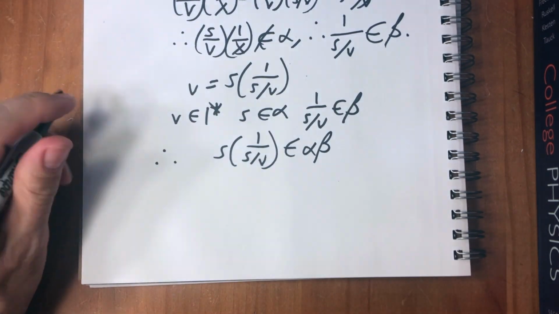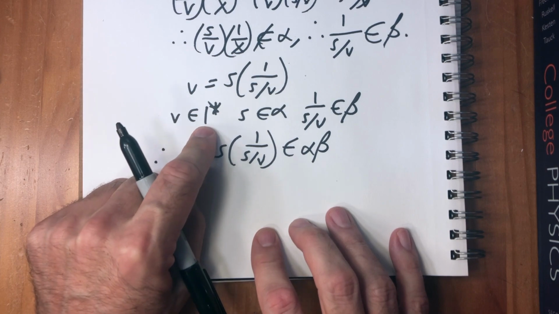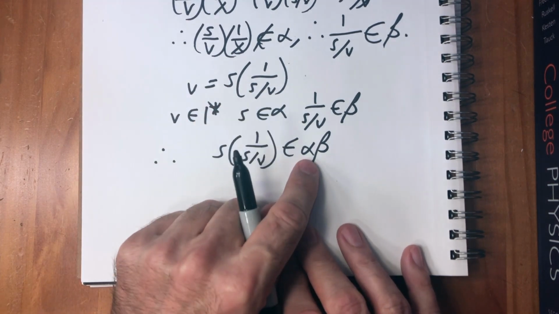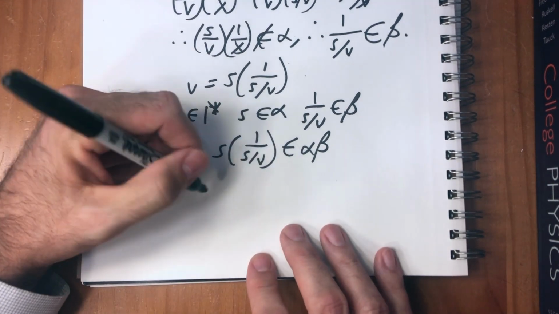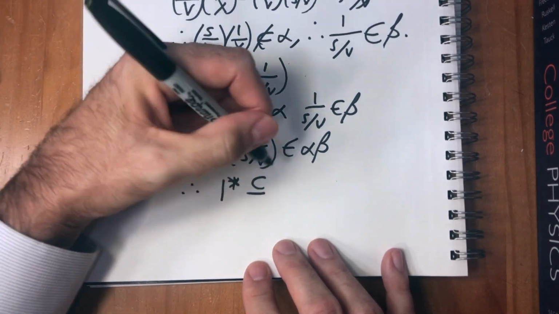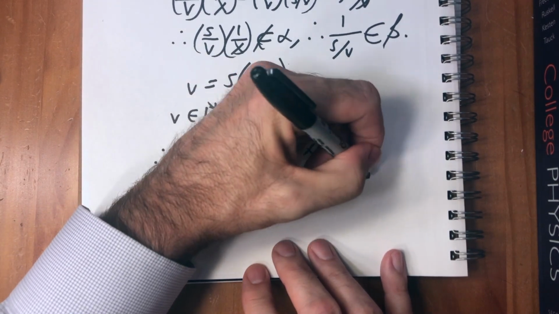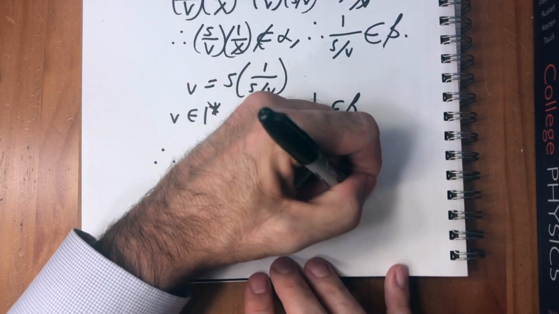And that means if this element was arbitrary, if any element of 1 is therefore an element of alpha beta, then that's what we needed to prove. Therefore, 1 is a subset of alpha beta. That's 2, and we're done.